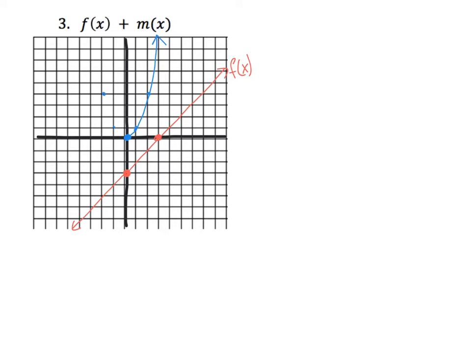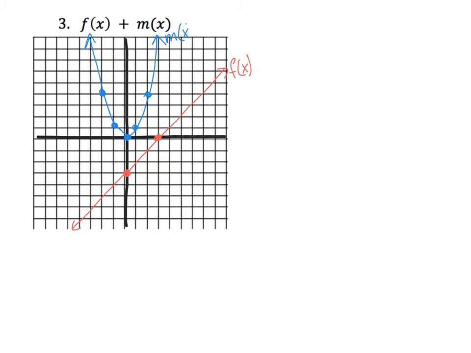So it looks something like that. Now, this one is interesting because it only crosses the graph at specific points, only in a few points. Whereas the line f of x crosses at a lot of different points.